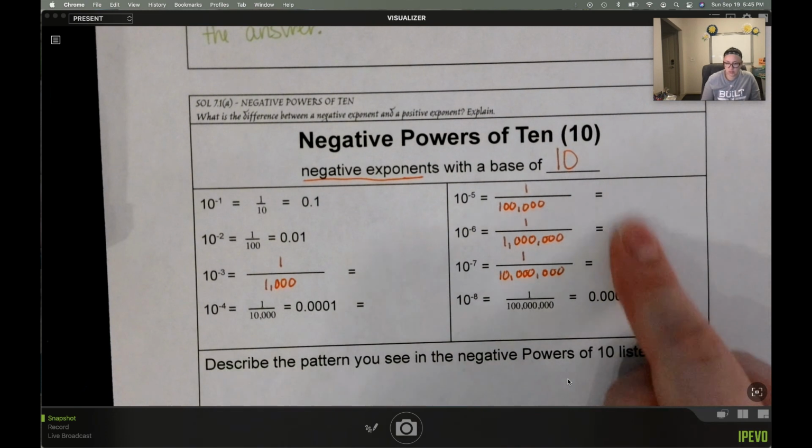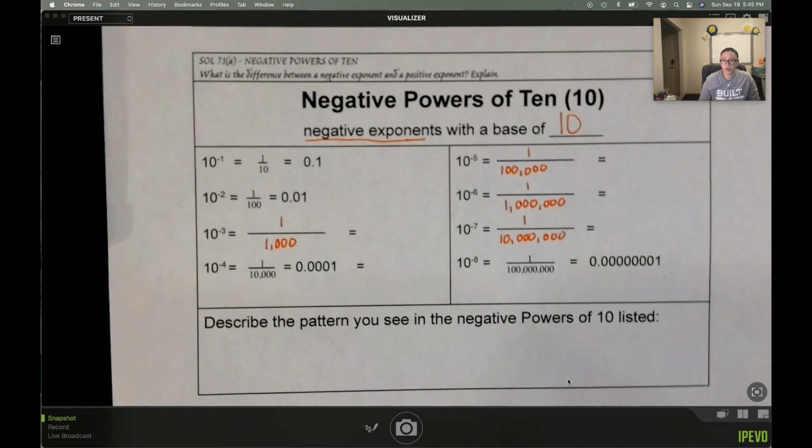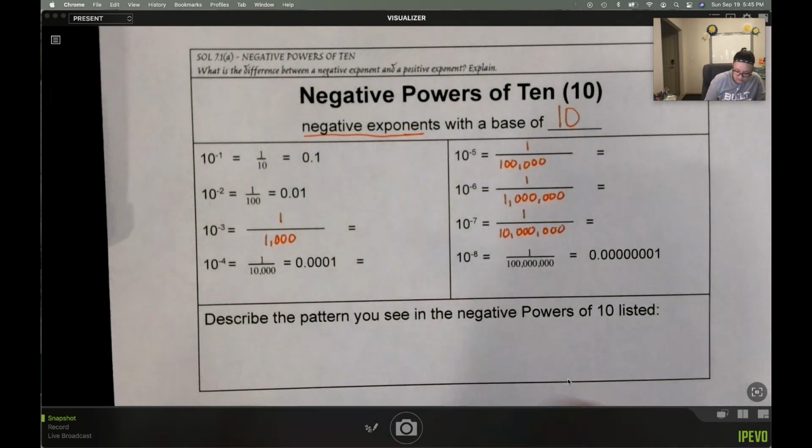So before we go in and fill in all these other decimals, what patterns do we see with the fractions?